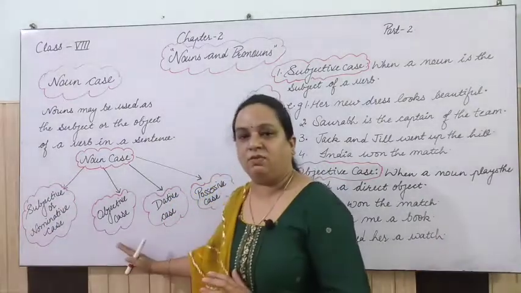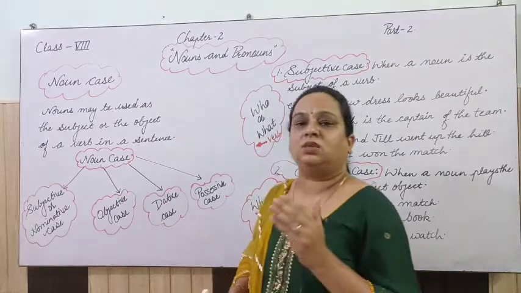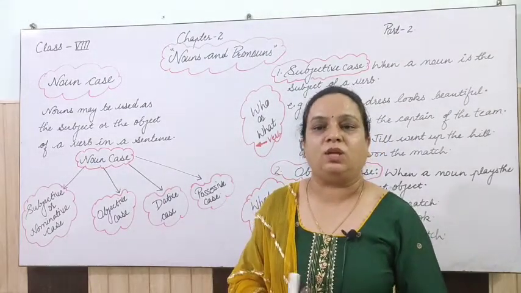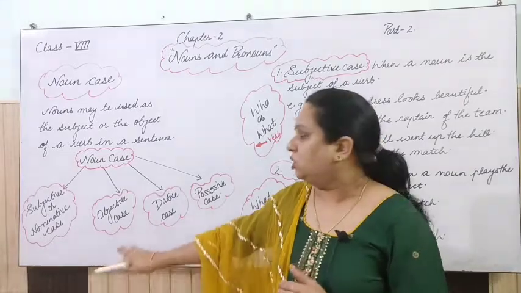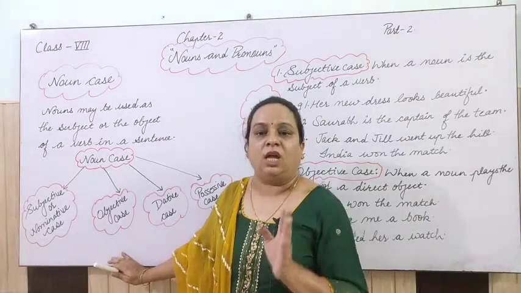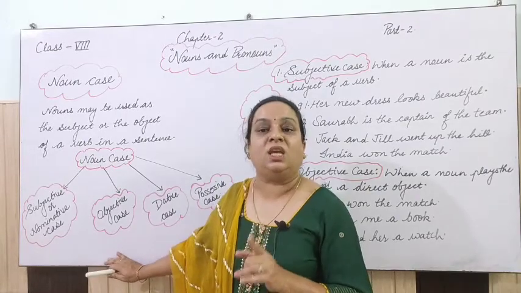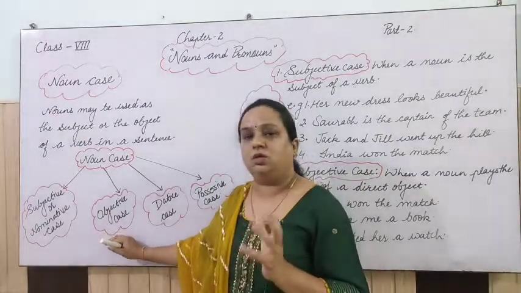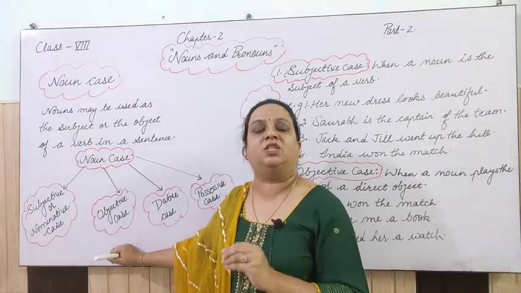Next one is the objective case. We have two kinds of objects: one is direct object and the second one is indirect object. The objective case is related to the direct object. Direct object means the things. Suppose she gave me a chocolate.